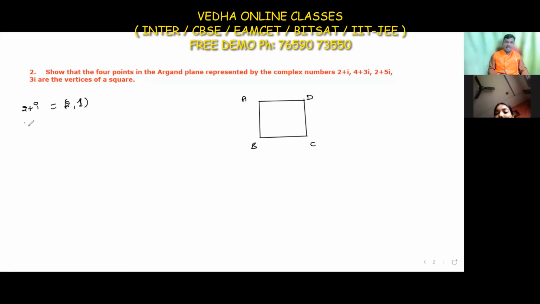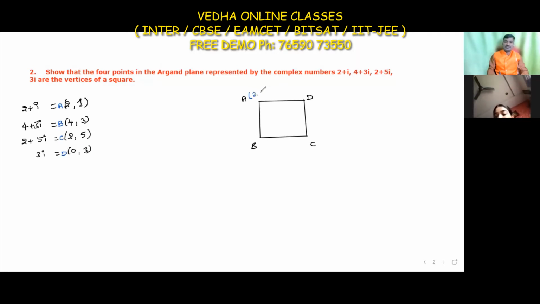And 4 plus 3i is 4 comma 3. And 2 plus 5i is 2 comma 5. Here it is given as 3i, that is 0 plus 3i, so 0 comma 3. We write the points as A, B, C, D.